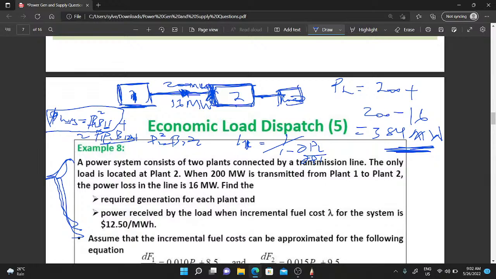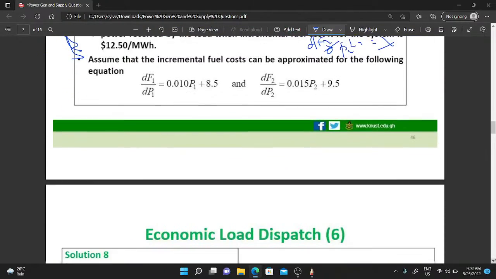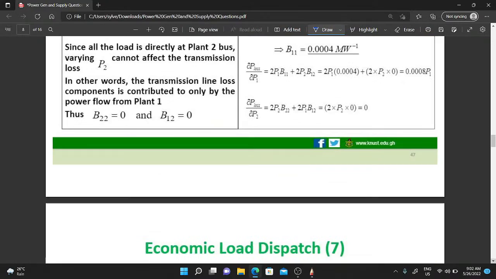So if I know what my B11 is, then I can solve the question by knowing that dF1/dP1 times L1 is equal to lambda, and also dF2/dP2 times L2 is also equal to lambda. That's how it will be simplified.